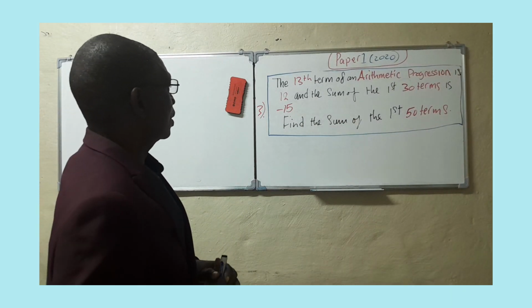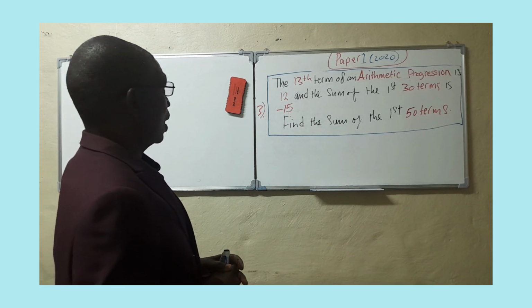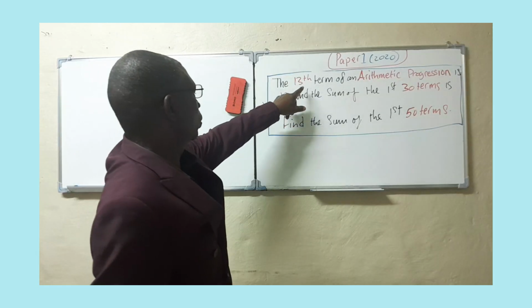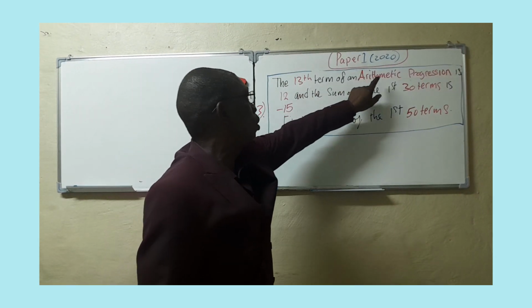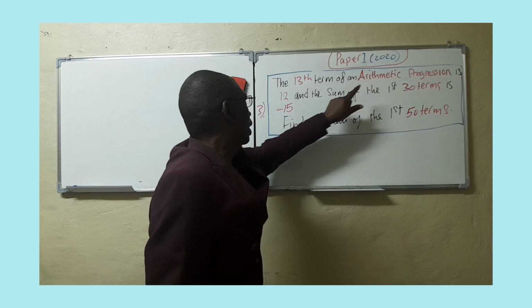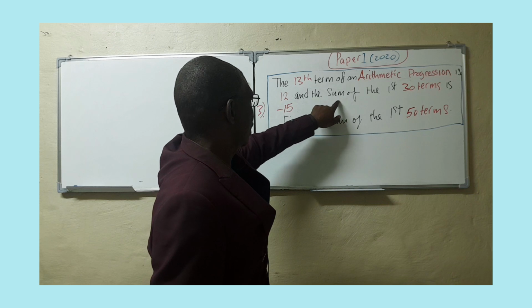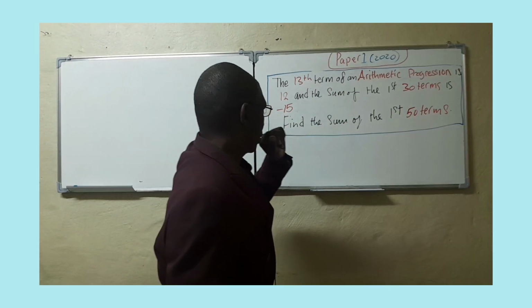There are two things here that we need to know before we can answer the question. Number one, we need to know the formula for the general term of an arithmetic progression. Number two, we need to know the formula for the sum to n terms of an arithmetic progression.